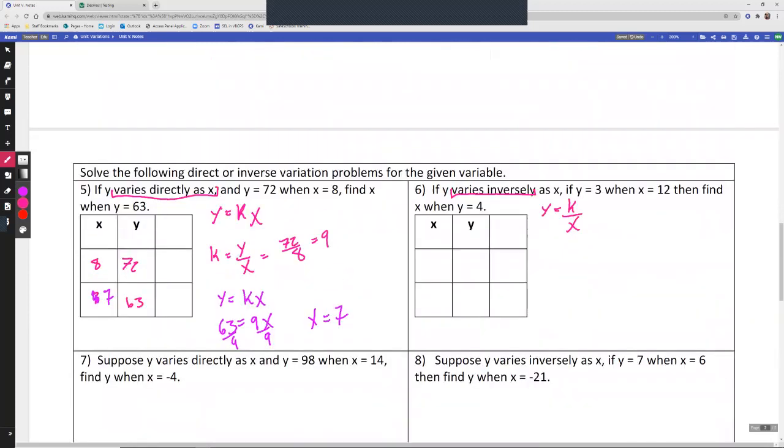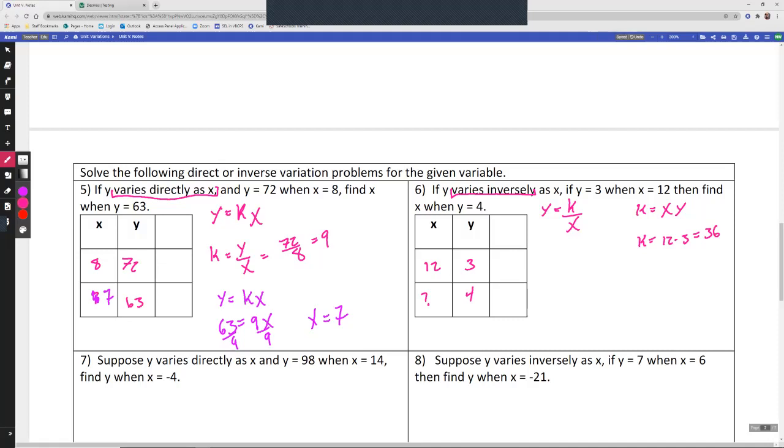K is equal to xy. And we want to find k. We have our y is 3 and our x is 12. We have another y is 4, but we don't know what this x is. So we have a 3 and a 12 to work with. So k equals 12 times 3. That's going to be a good old 36. Easy maths right here.